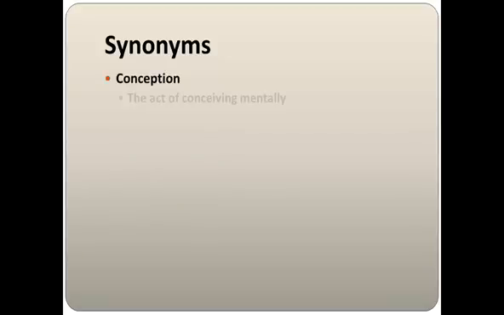Let's talk about conception. Conception is the act of conceiving in two ways. Mentally, which is perception and apprehension. Perceiving something is how you're viewing it, how you're looking at it. We both could sit and look at the same book, you across the table from me, and you see one side of the book and I see another.